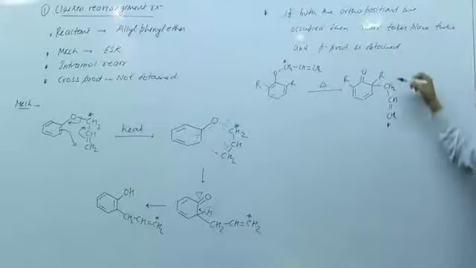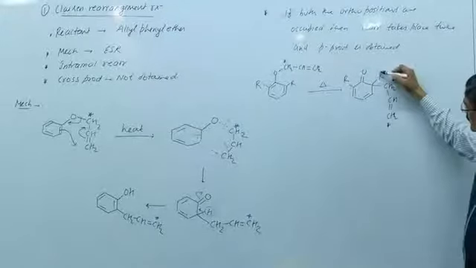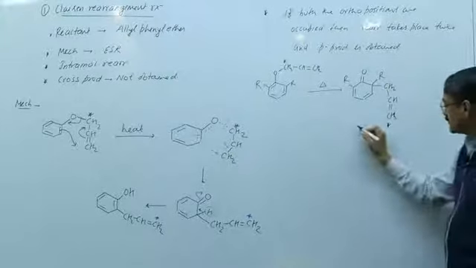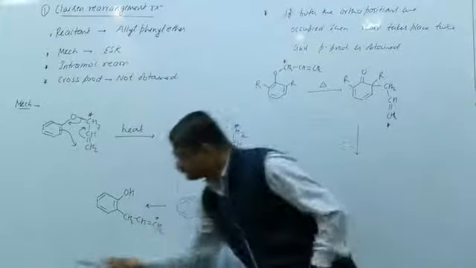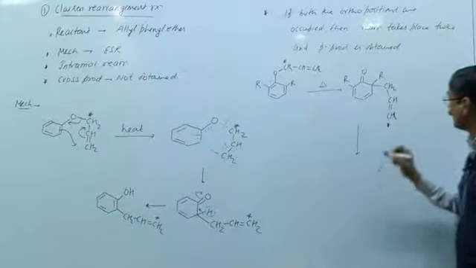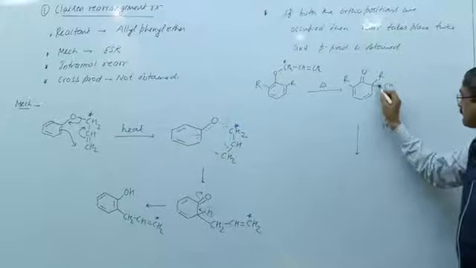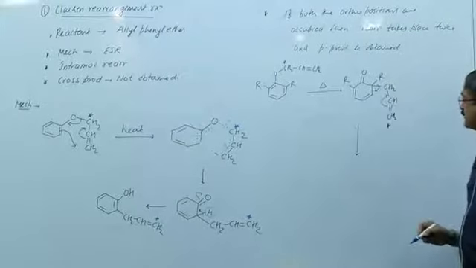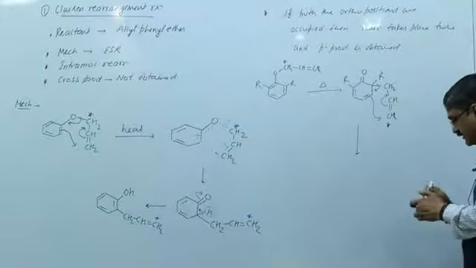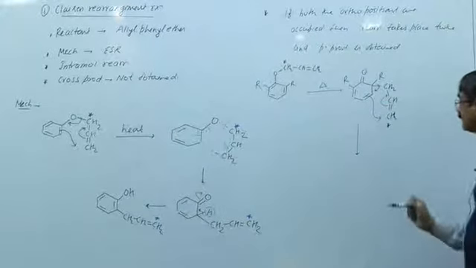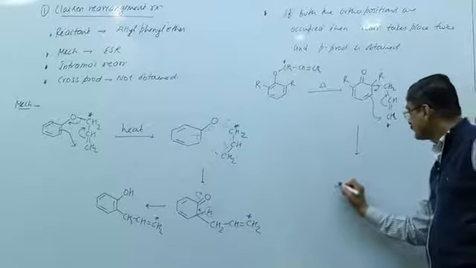But this ring cannot convert into an aromatic ring because a hydrogen atom is not present at the ortho position. So a second rearrangement takes place. In the second rearrangement, again the double bond shifts to the next carbon. This converts aromaticity and the aromatic pi bonds are broken. So again a 6-member cyclic TS is formed.